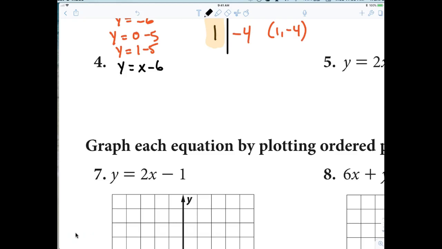All right, now make your table. What numbers do I want you to put in? -1, 0, 1. All right, so let's see if you can do your mental math. If I plug in -1, what's the y value? Is she right? -7?